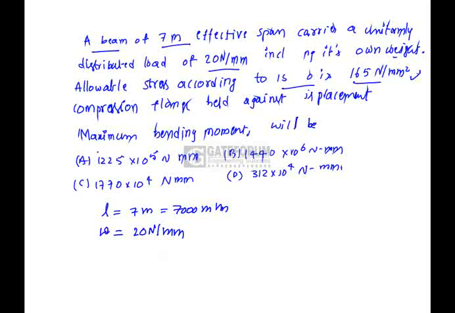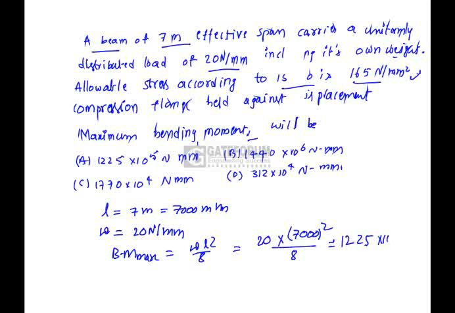What we have to find out is the maximum bending moment. Maximum bending moment is equal to WL square by 8, that is 20 into 7000 square by 8, that is equal to 1225 into 10 to the power of 5 Newton millimeter. So option A is correct.